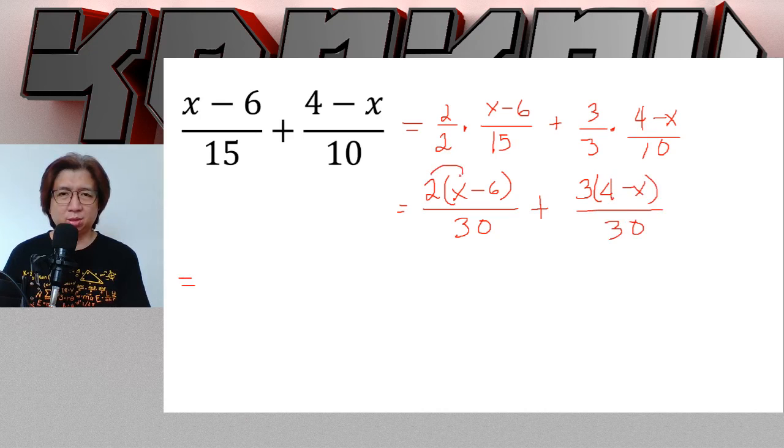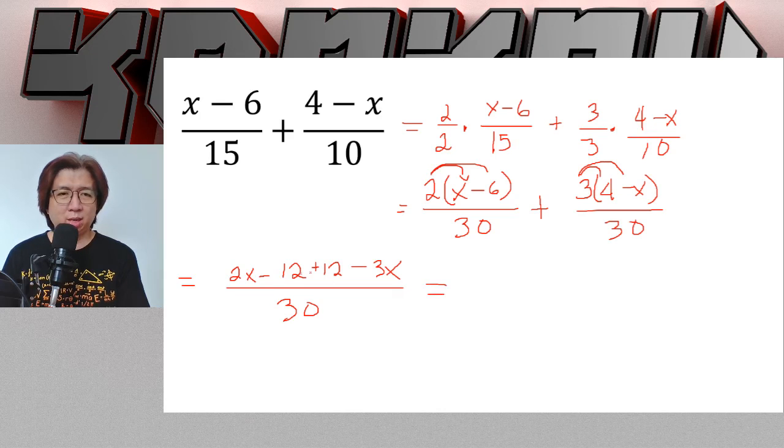Okay, so let's multiply. We have 2x minus 12 and then plus 12 minus 3x.